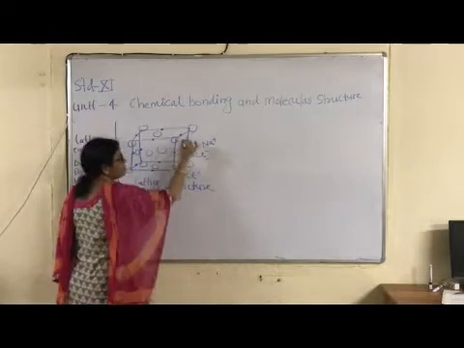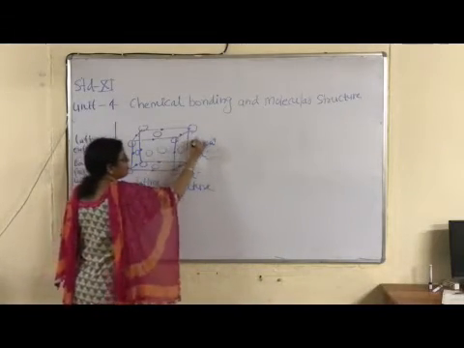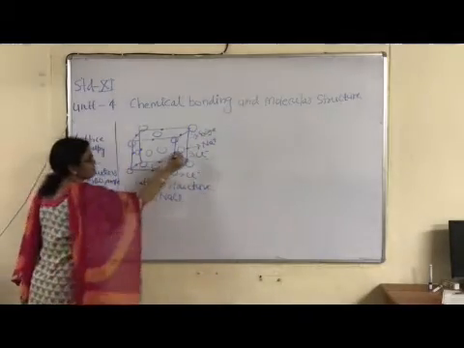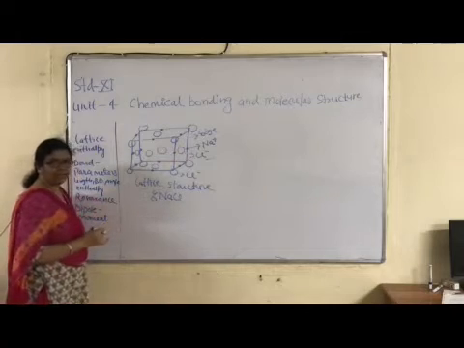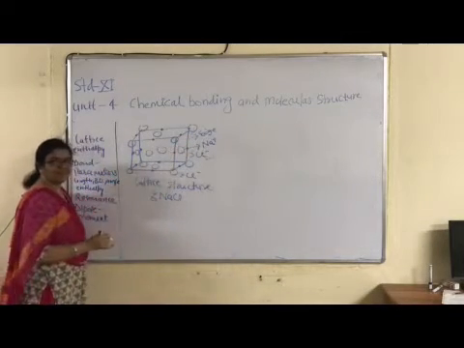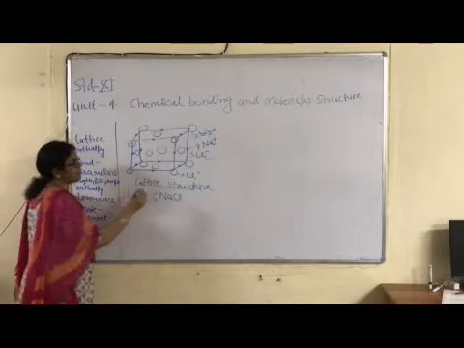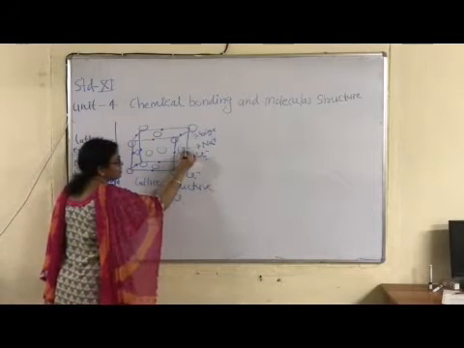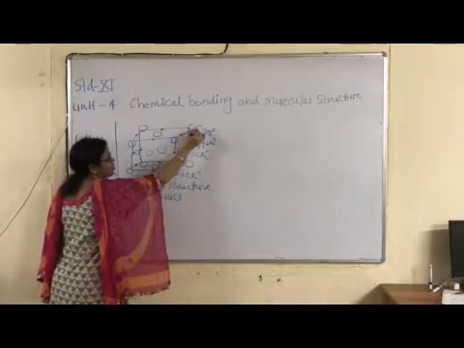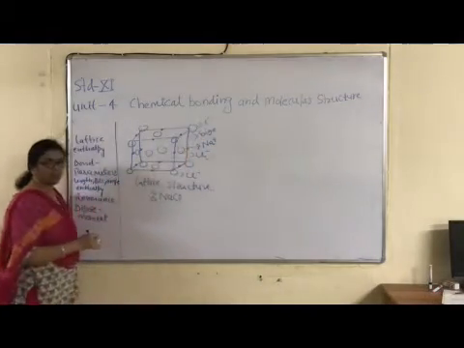This distance between two corners is known as the edge. Okay children? This one is the central part of the edge, right? And this distance, half of the edge, is the distance to the small size sodium cation. The distance between sodium cation and chloride anion is the ionic bond.